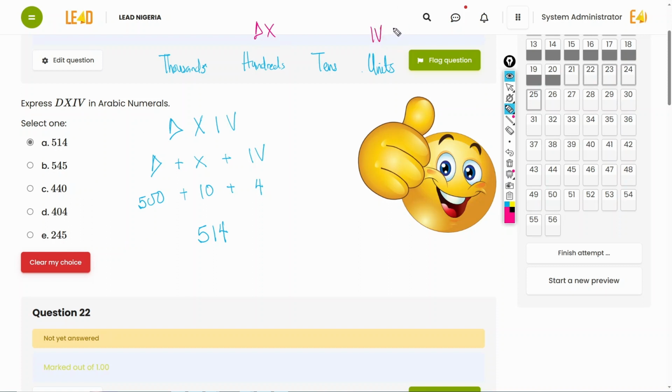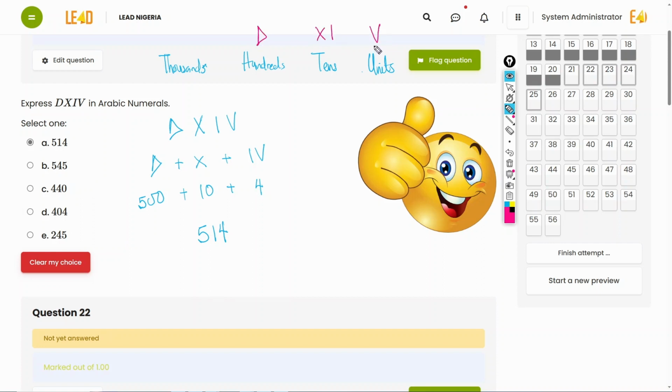The reason why I wouldn't do that is because DX doesn't make up hundreds. This is 510. That's not in hundreds. In the same way, I also could not have done D, then XI, then V.